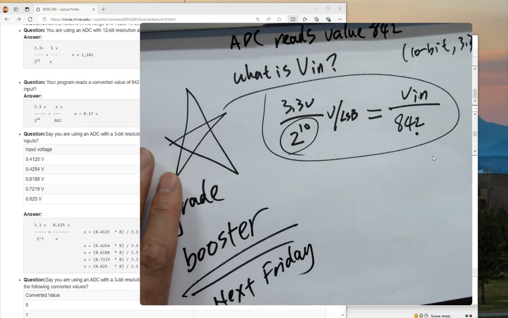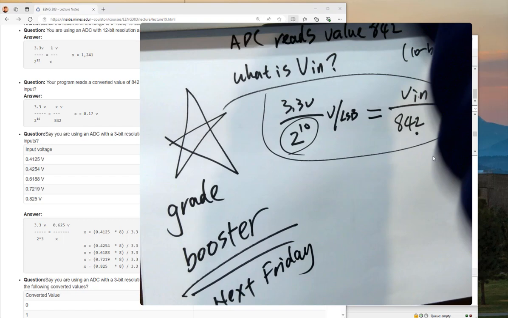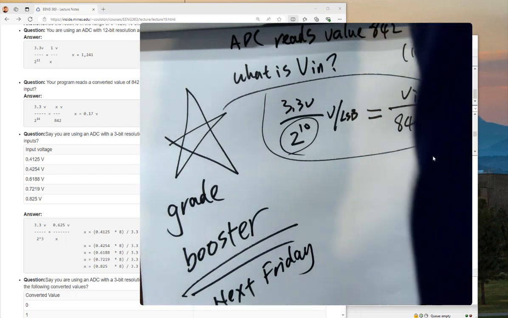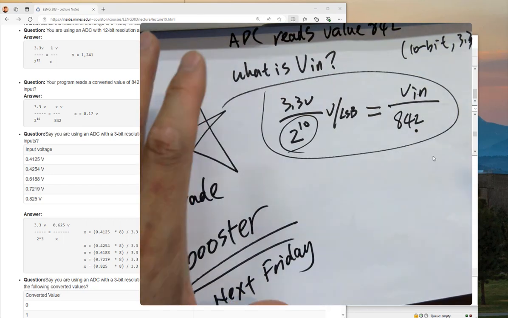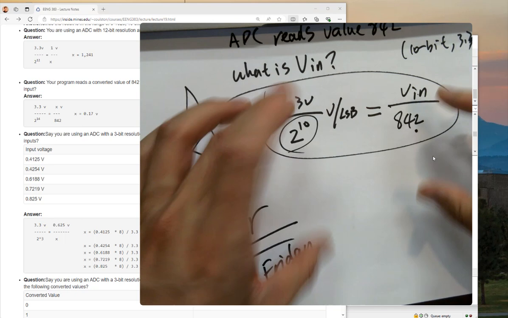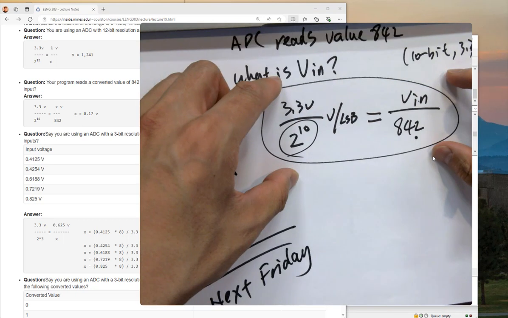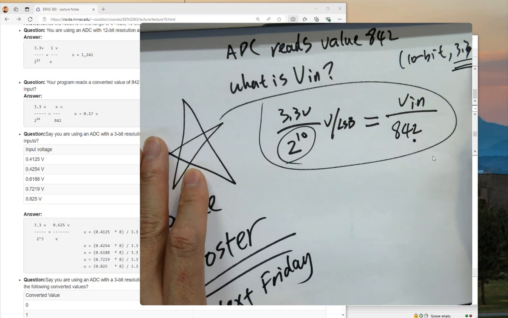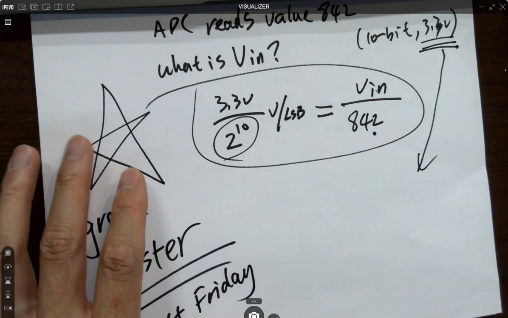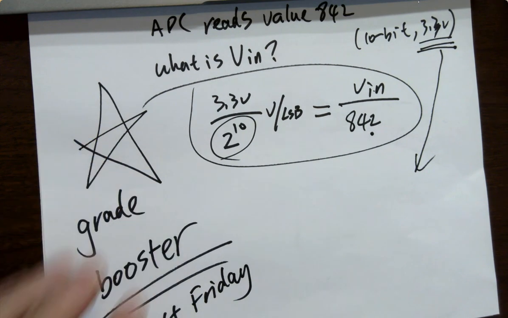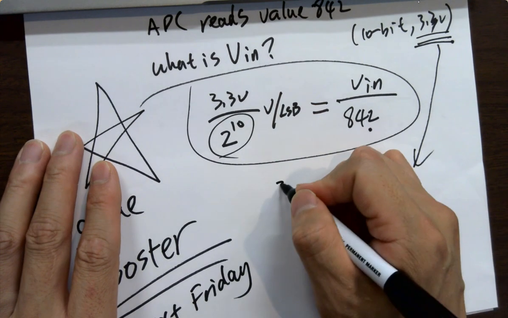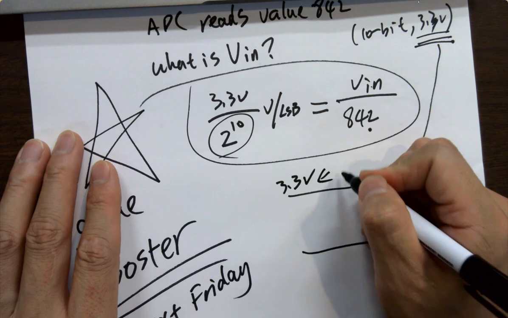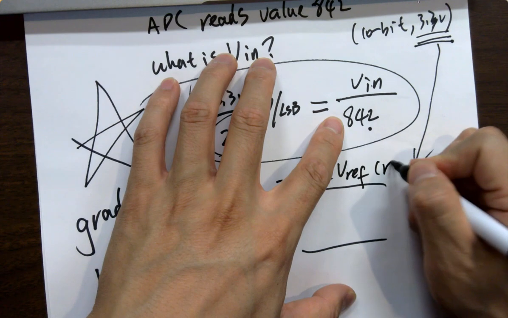Okay, one more thing you need to know. Any questions on this before we move forward? Does this make sense? Just a very simple equation, division here. So the range can change depending on the value given by the problem. And they are even adjustable. I believe there's a register to control it. So if they tell you the range here is 3.3 volts, there's a name for it, it's called Vref, the reference voltage.